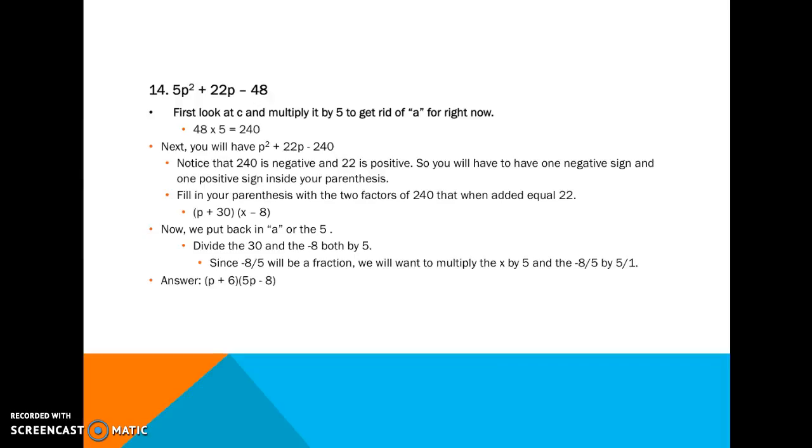Now we put back in a, or the 5, as we did in the equation before. So we want to divide 30 and the negative 8 both by 5. Since 30 divided by 5 equals positive 6, and negative 8 divided by 5 will be a fraction, we will want to multiply the p in that set of parentheses by 5 and the negative 8 fifths by 5 over 1 to get rid of that fraction.